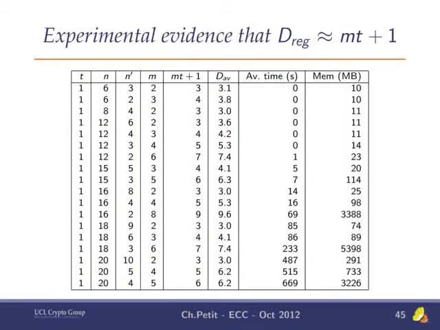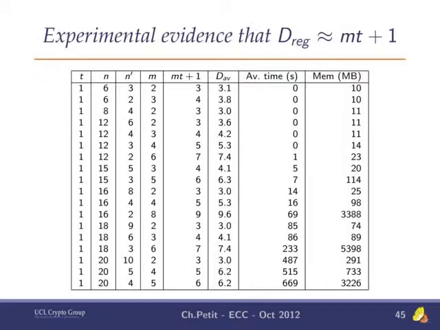Here are some experimental results. In these results, I used Magma, and I chose a random polynomial, a random subspace, computed the valuation and applied the Magma Gröbner algorithm, and I observed the maximal degree appearing, which is here.